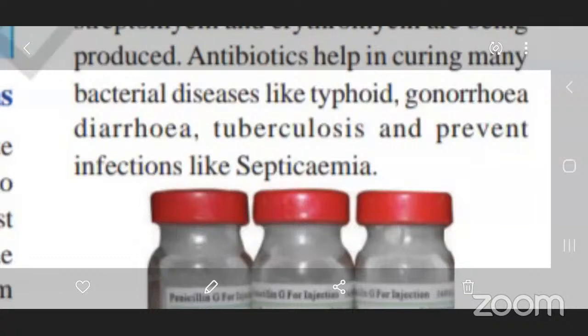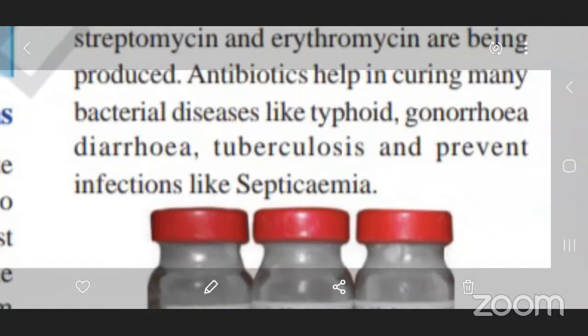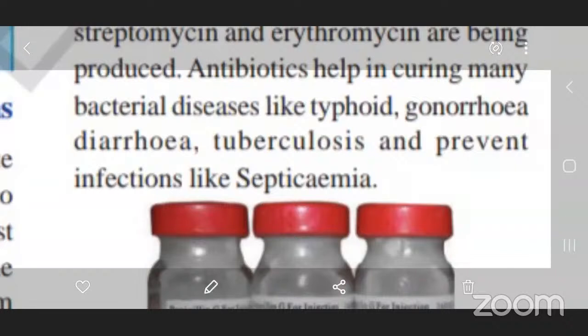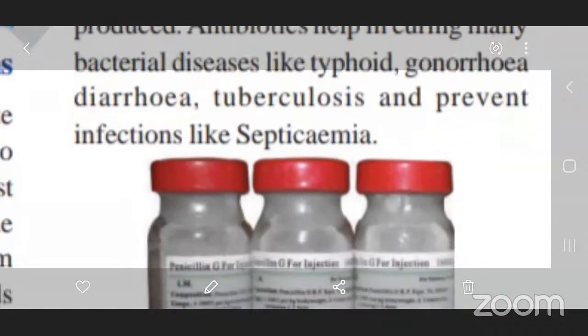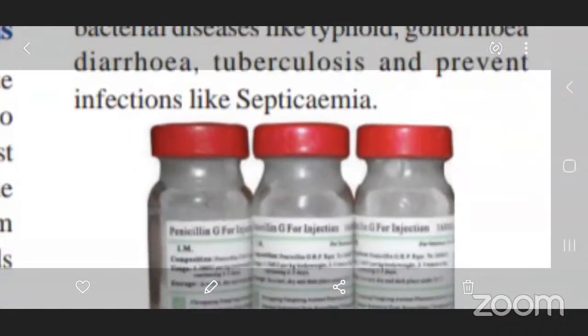Gonorrhea, diarrhea, tuberculosis: antibiotics help in curing many bacterial diseases like these, and prevent infections like septicemia. They not only cure the diseases but also prevent infections like septicemia.